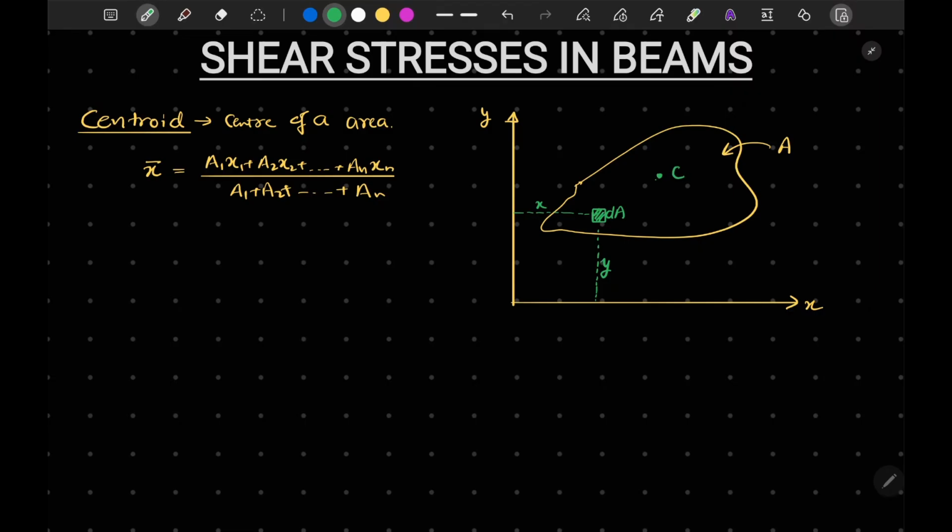If I remove the total area and want to place it in a single point, I can do it at the centroid.